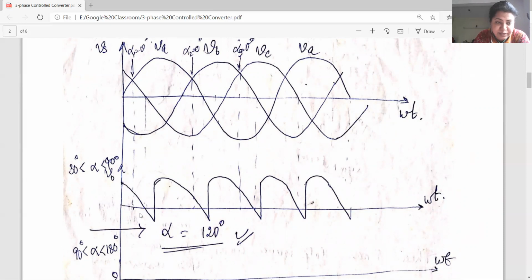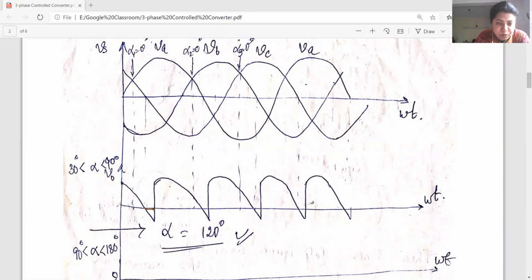In the previous case, when the firing angle was greater than 30 degree, the output was becoming 0 in this particular interval. Our output was staying 0. But now the output will not stay 0.